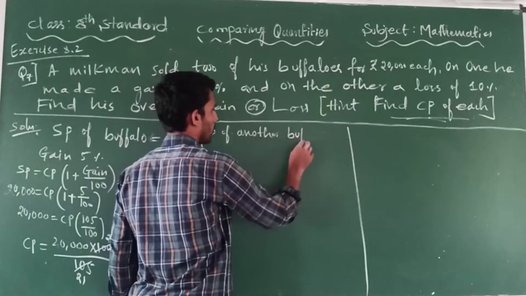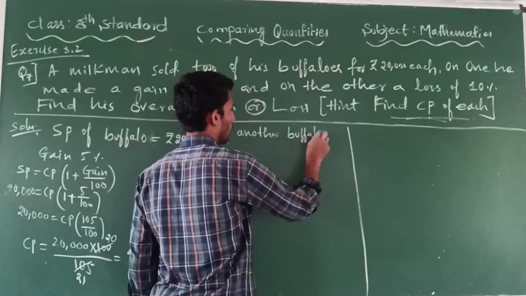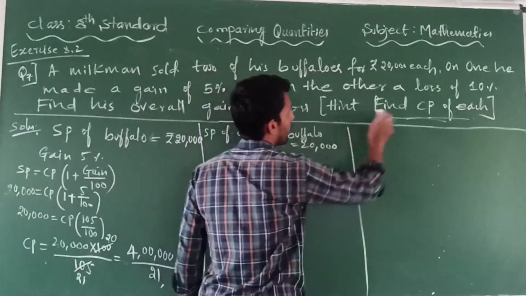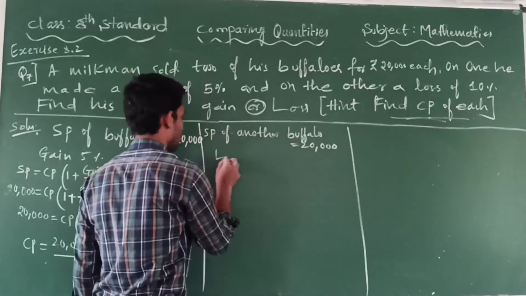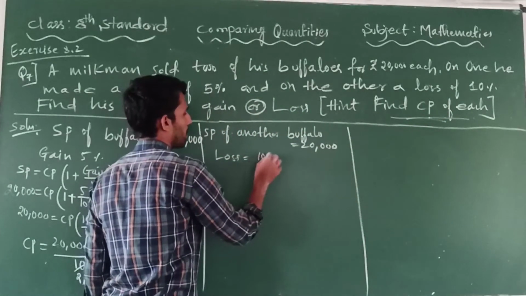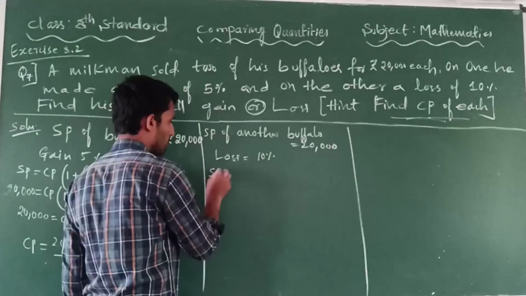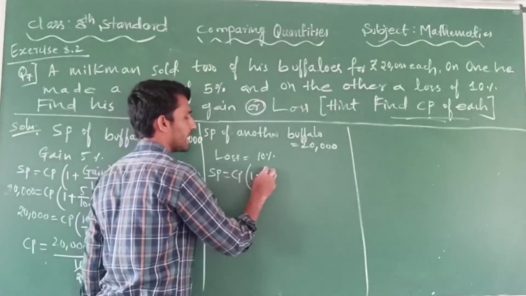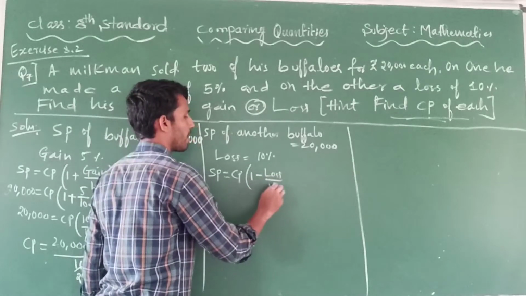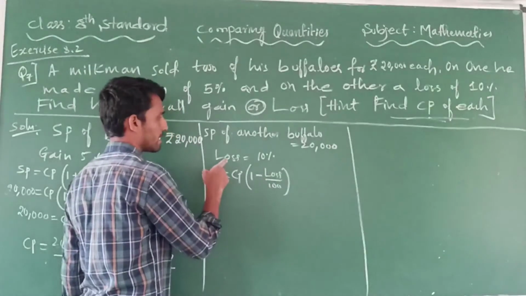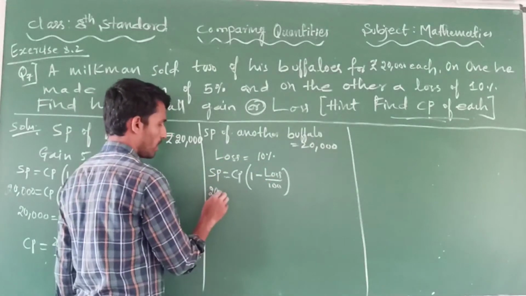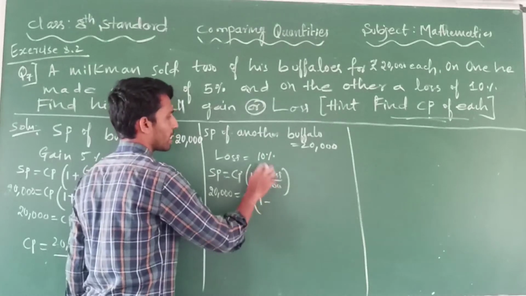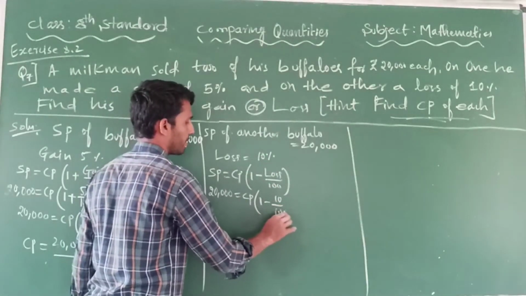Okay, next, selling price of another buffalo is 20,000 rupees, and the loss given is 10%. Now we know the formula: SP is equal to CP into 1 minus loss by 100. We know the selling price is 20,000 rupees. CP into 1 minus loss, that is 10 by 100.